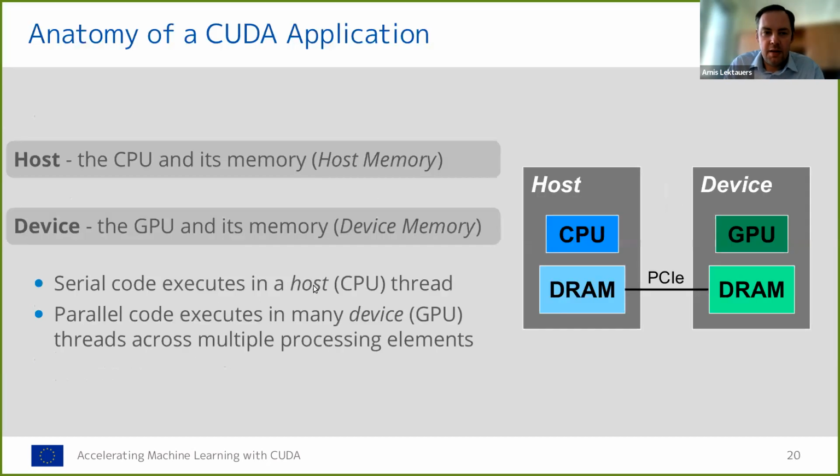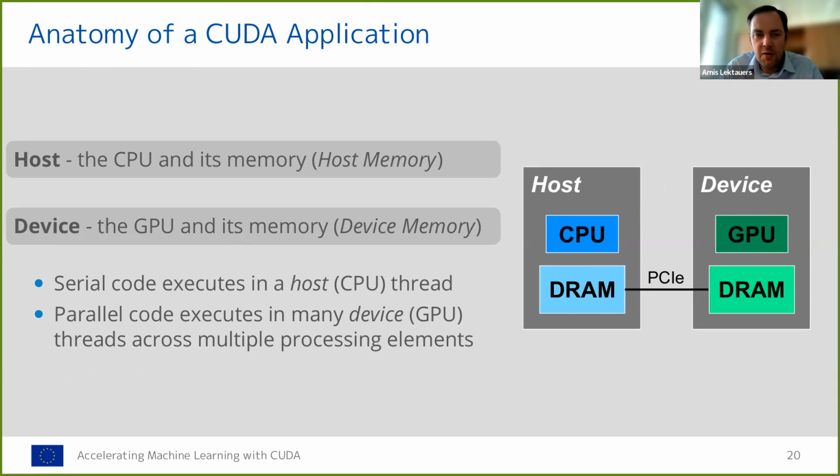So next, I will shortly make an overview of the principles of CUDA software development, and I will mention the basic terms used in CUDA application development, starting from two common terms, host and device.